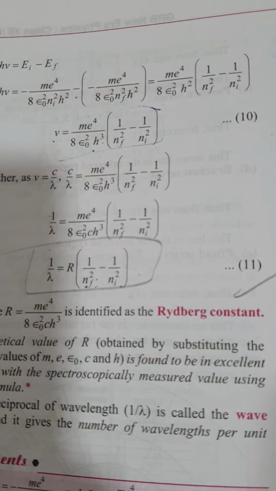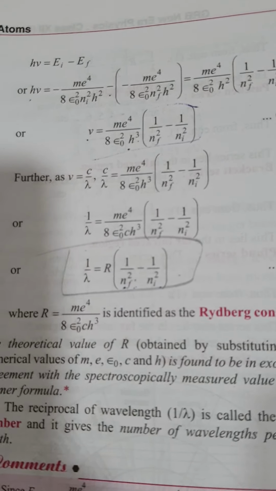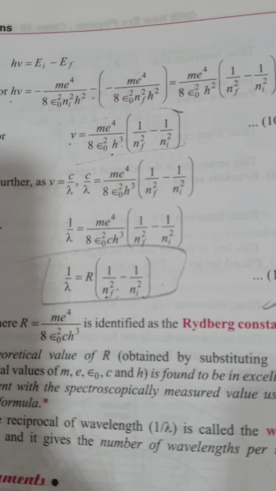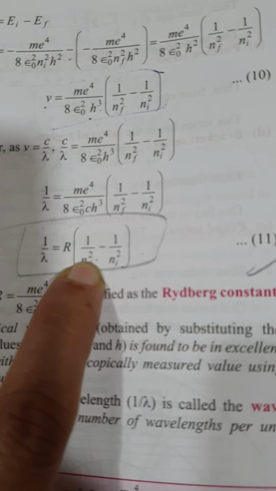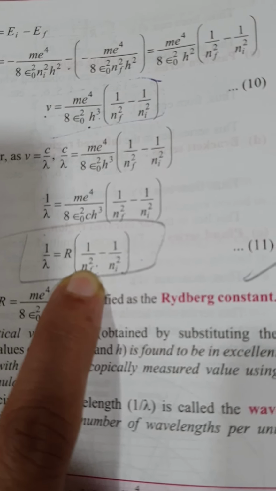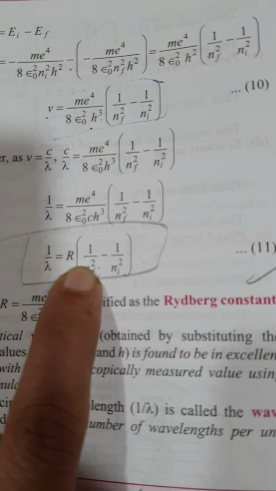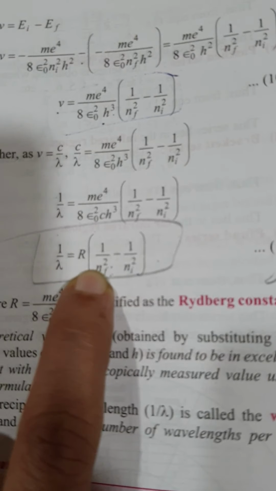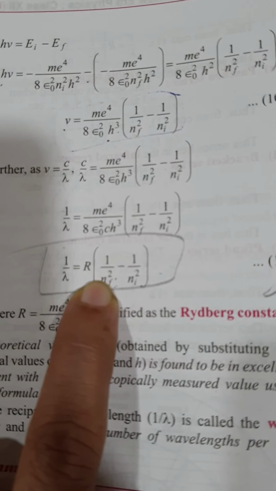Initially Balmer could not explain this mathematically. The same formula which he obtained empirically had only the difference that it was 2 square, right? The final level was the second energy level, from all higher energy levels to the second. But it is not necessary that the electron only jumps from a higher energy level to the second.